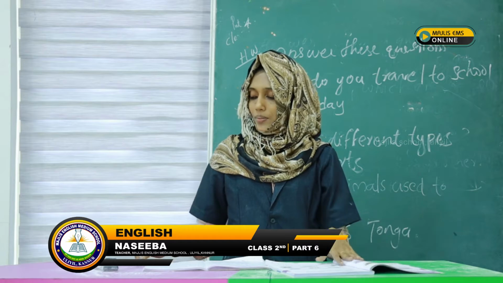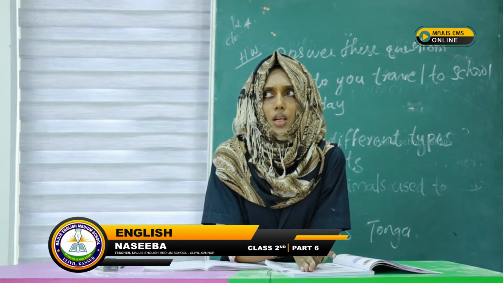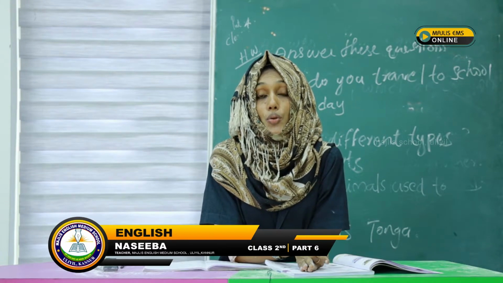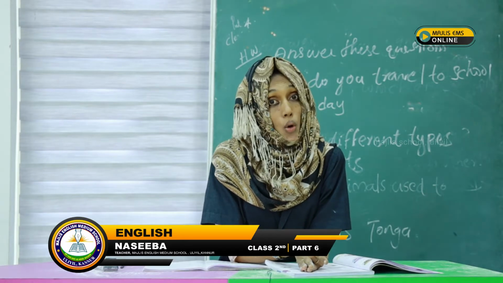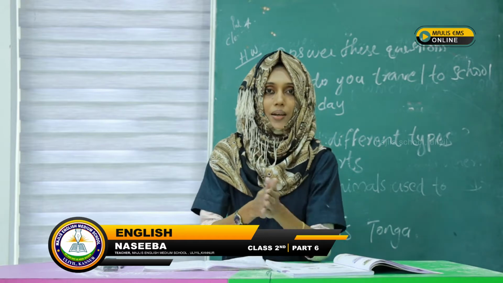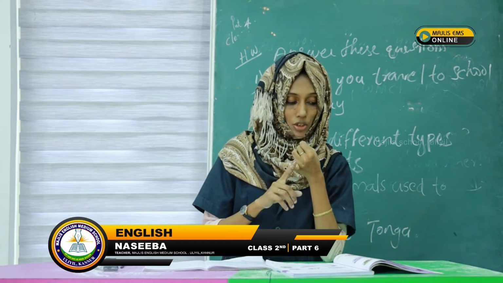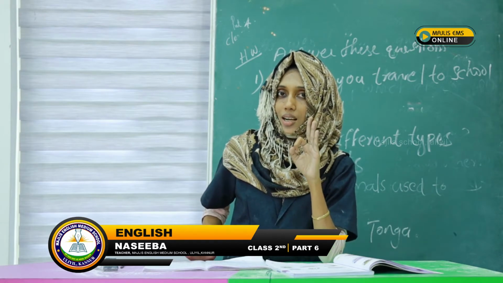Okay, then in the last class we studied about different types of animals used to pull carts, like bullocks, horses, then camel. Okay, bullock cart, camel cart, tonga. Tonga, what is tonga?